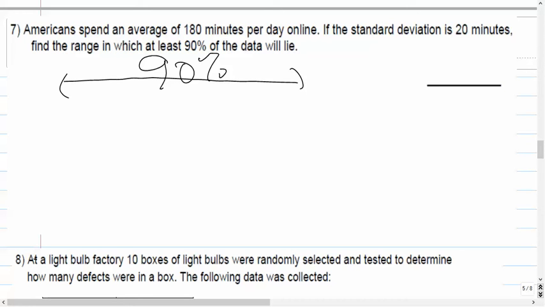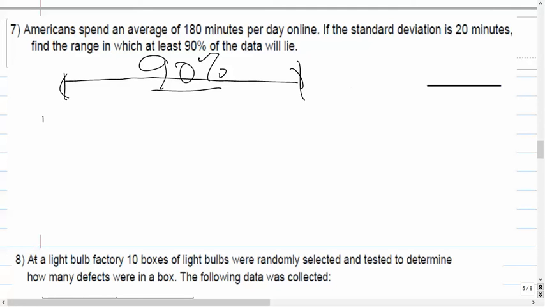But since I didn't say anything about bell shape, I'm going to have to work with Chebyshev's. Chebyshev's tells me that if I have an interval, it tells me the percentage of data that's going to be between those two numbers, right? I'm working backwards now. I'm giving you the percentage. I want the interval. So I need to figure out what k is by working with the formula.